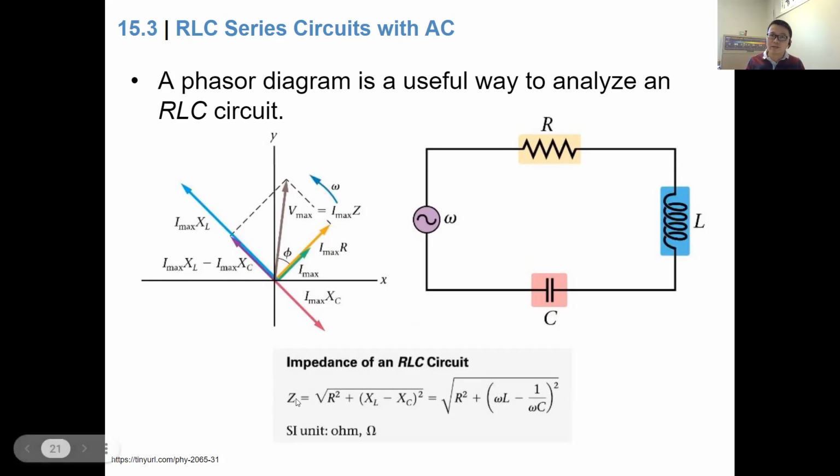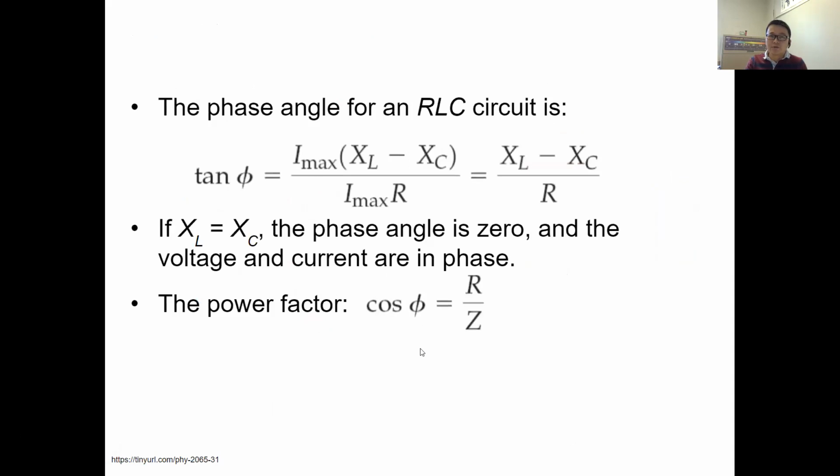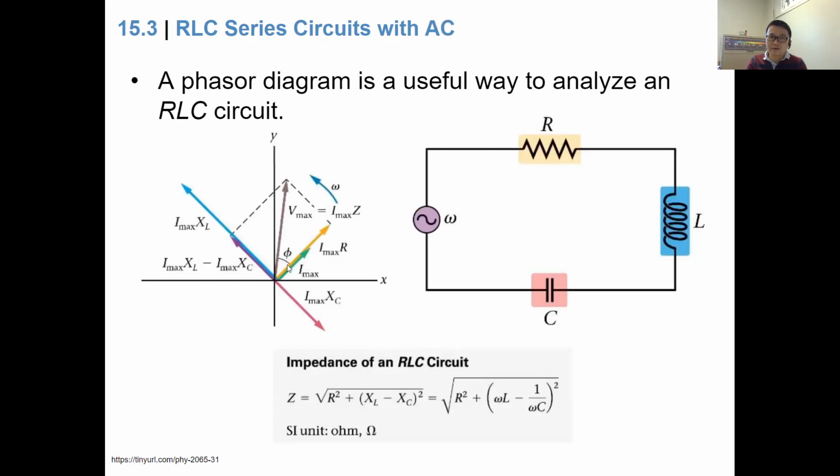Once you have the impedance, you can calculate VRMS or IRMS, given which one is given, and you're looking for the other quantity. In this case, the phase angle phi is related by tangent phi equals this over that.